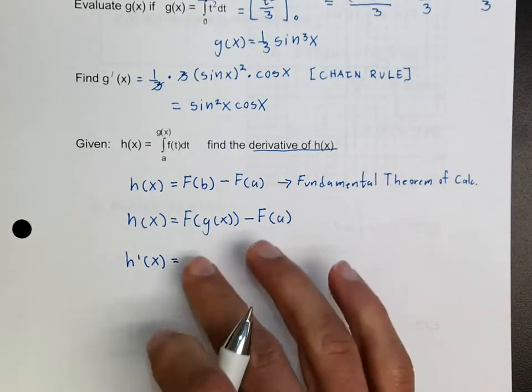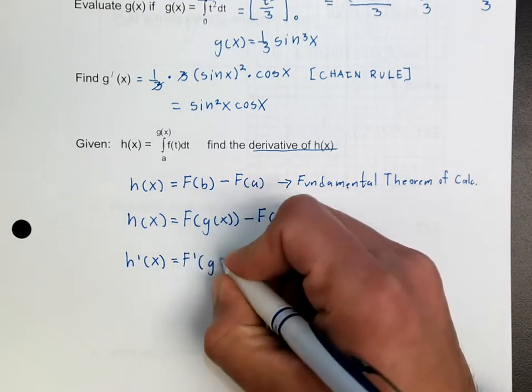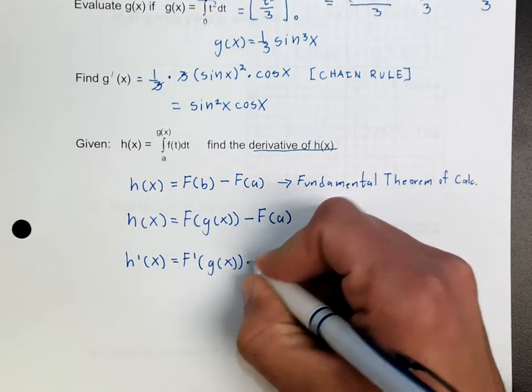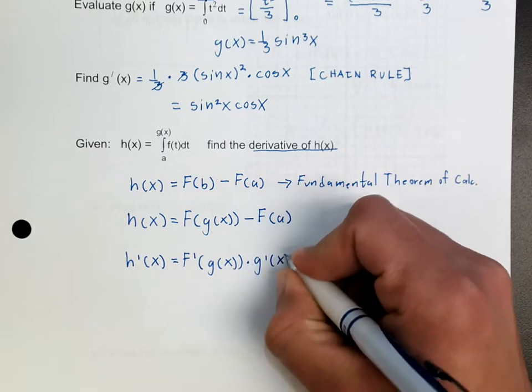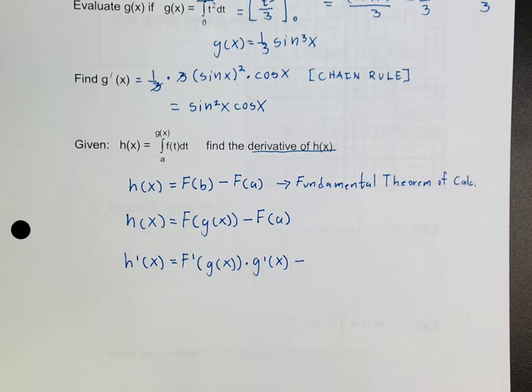When we do, we have to do the chain rule here. So we have the derivative of the outside times the derivative of the inside minus the derivative of f of a. Remember that f of a is when you plug in a number into that function and you get a numeric value back. To be precise, you get a constant back.